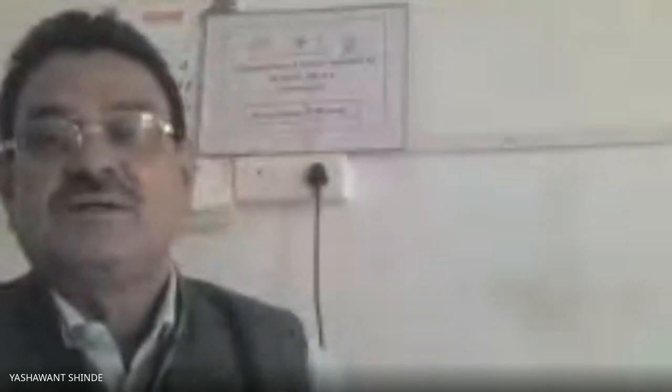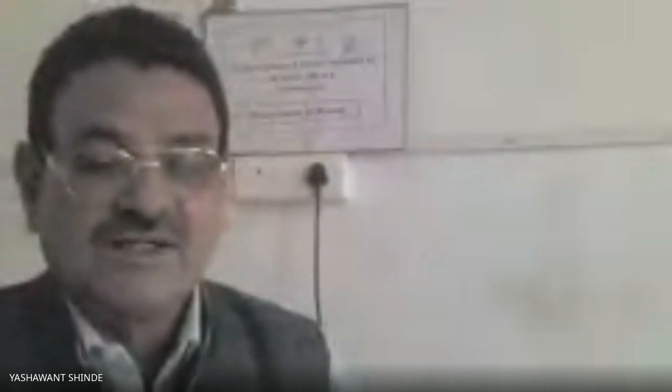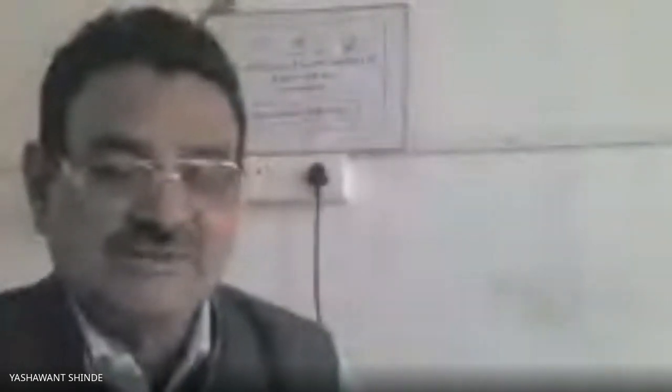These are 2 papers included in our syllabus of semester first, and semester second also includes two papers. Paper number third: physiology of seed development, seed dormancy, seed germination, concept of advanced seed.